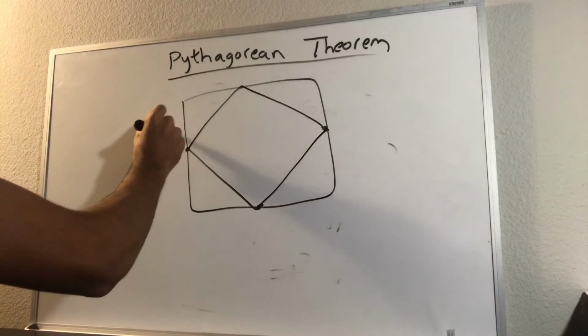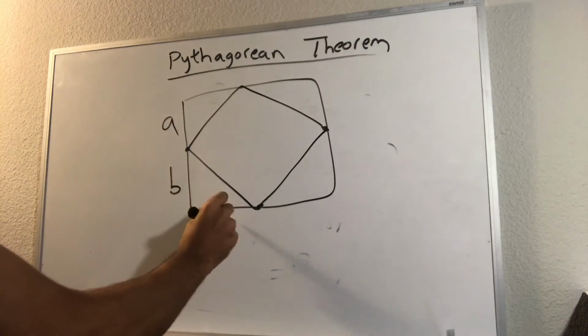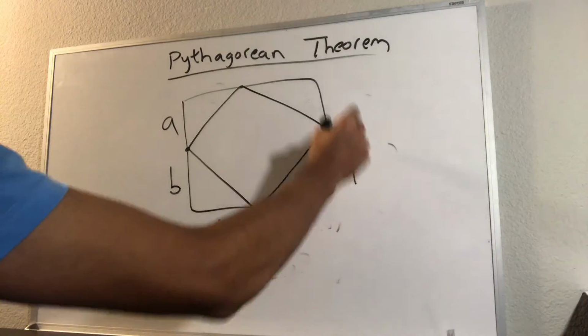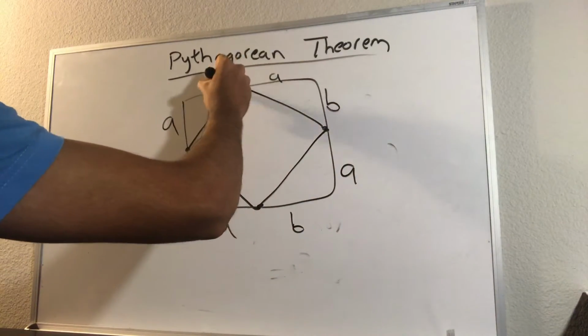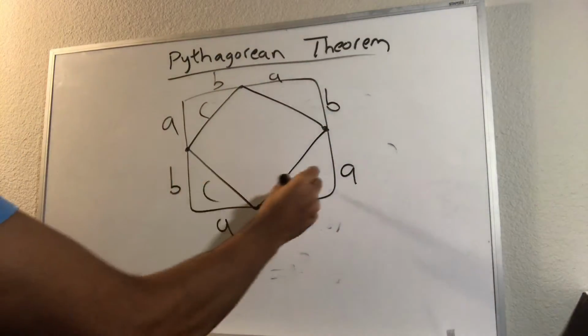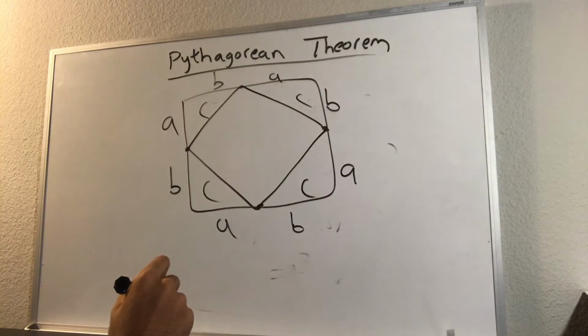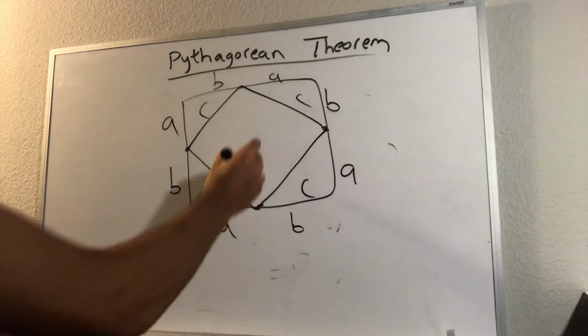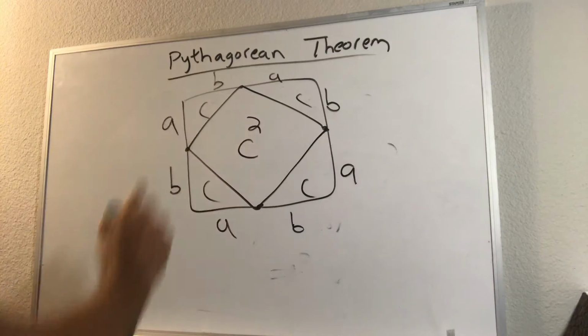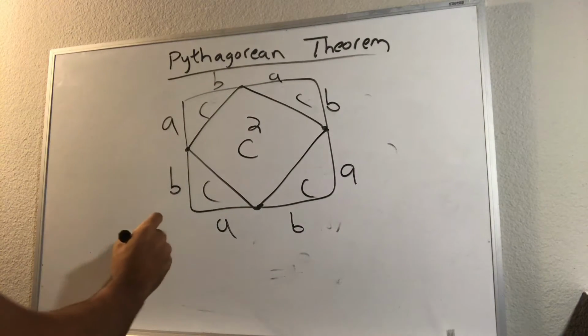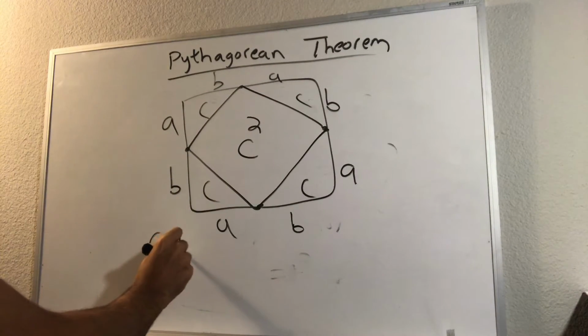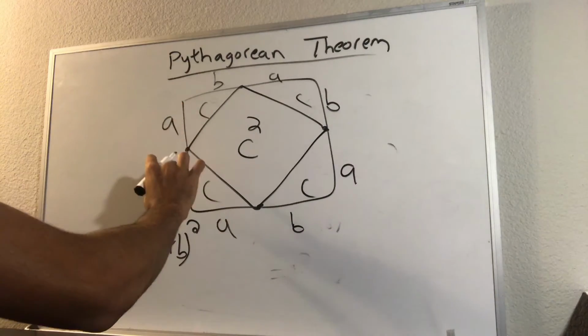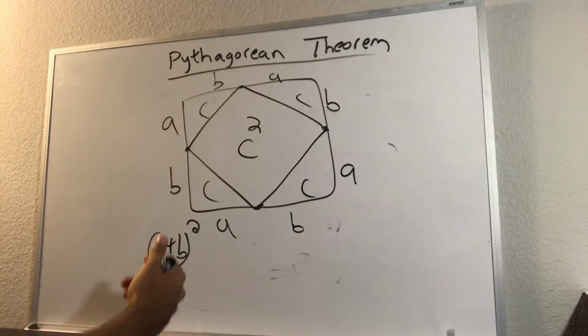And really, we have an alternating sequence: AB, AB, AB, and AB. And all of these sides are C, C, C, C. Now, the area of the smaller square is C squared, because it's C times C. The area of the larger square is A plus B squared, because A plus B times A plus B is A plus B squared.